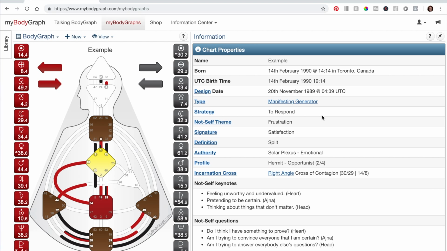And the not self is going to relate to your type. So the not self theme for generators is frustration. And so this manifesting generator is getting the not self theme from the generator part of the manifesting generator.